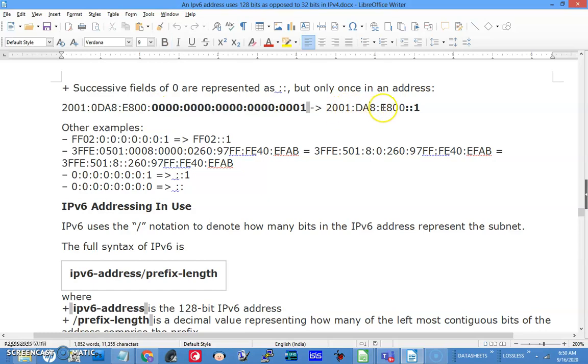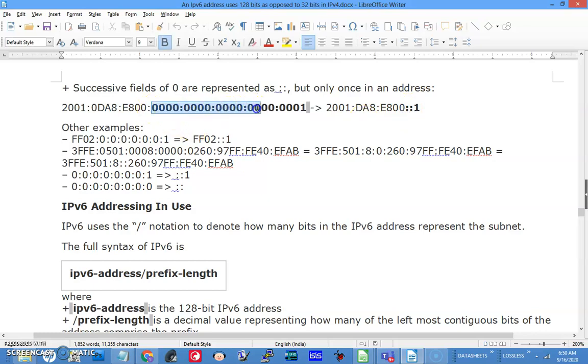denoted by 2 colons. So 2 colons means that whatever is missing as zeros in between these colons, that is 1, 2, 3, 4. It has got only 4 hex number groups, so we should be having 8 hex number groups. So the remaining 4 groups are within this double colon and they are all zeros. 1, 2, 3 and 4.